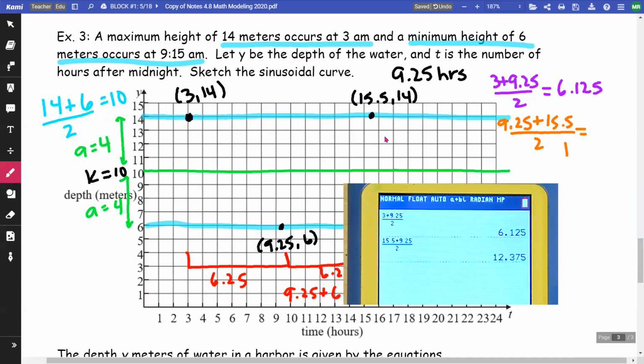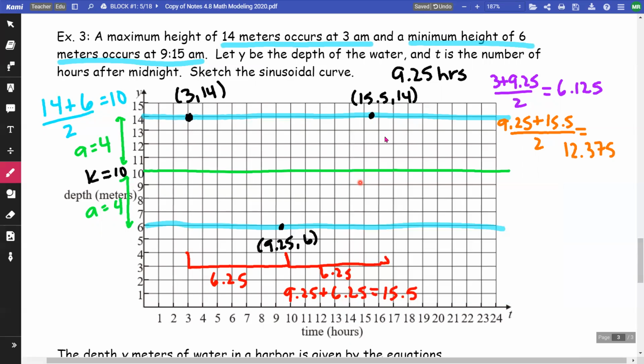Those are the values I have for my middle ones.